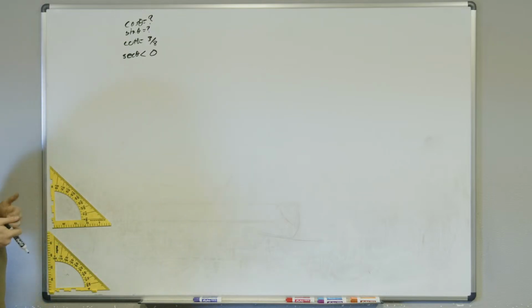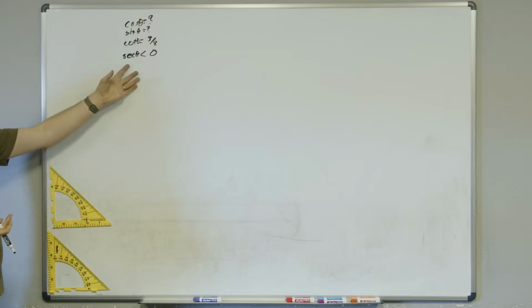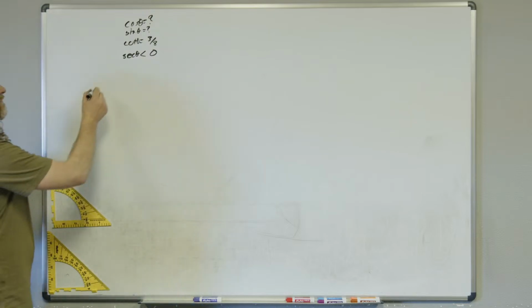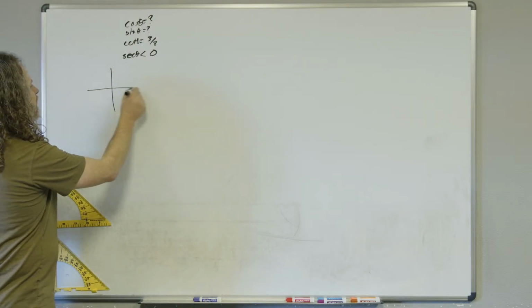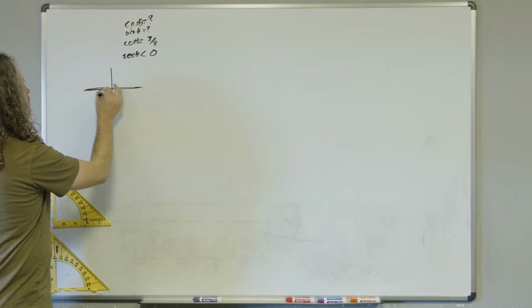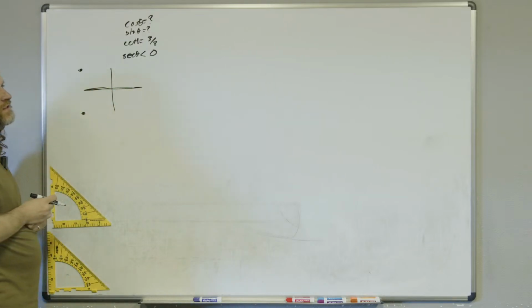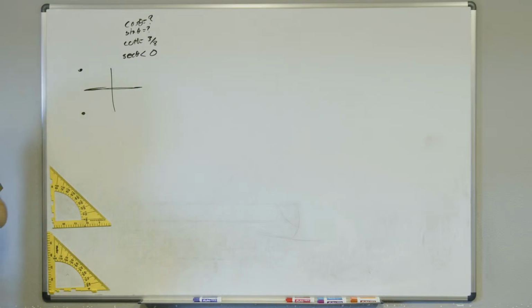So the signs of the reciprocals follow the primaries, right? So where is cosine negative? On quadrant 2 and 3. True enough. It's one of those.